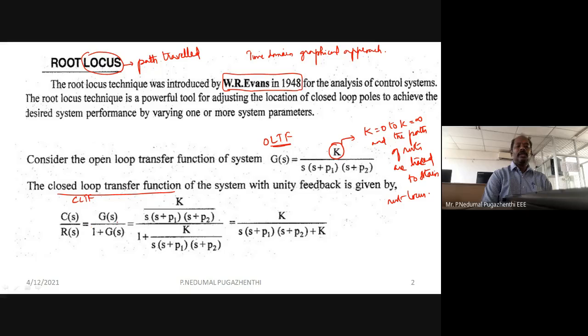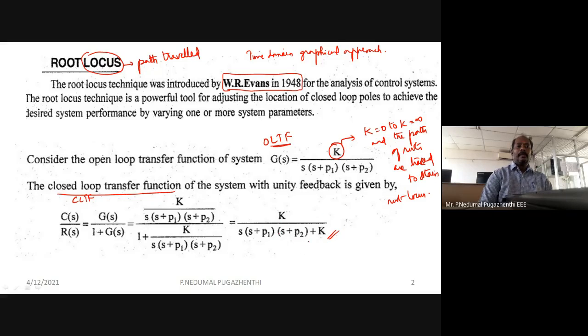If I have negative feedback, that too unity feedback, the general formula is G of s divided by 1 plus G of s H of s, where H of s is 1. Substituting these values, you get a final transfer function with k in the numerator. You understand?